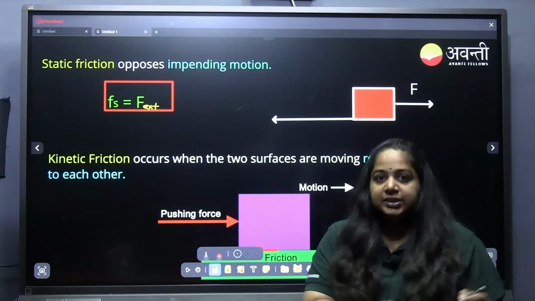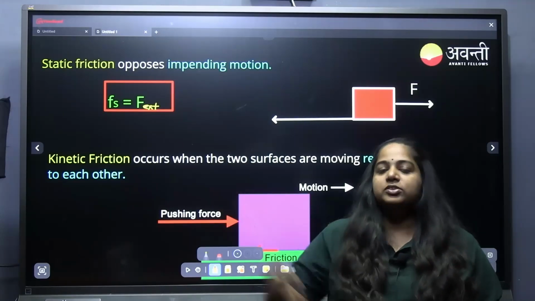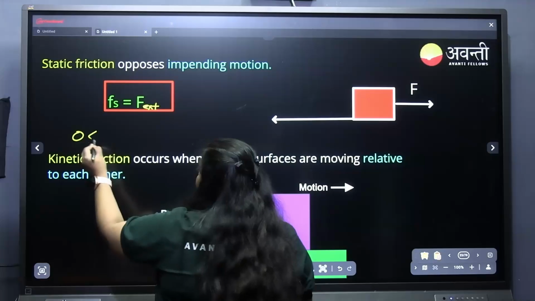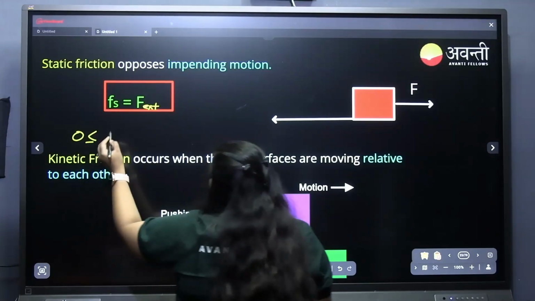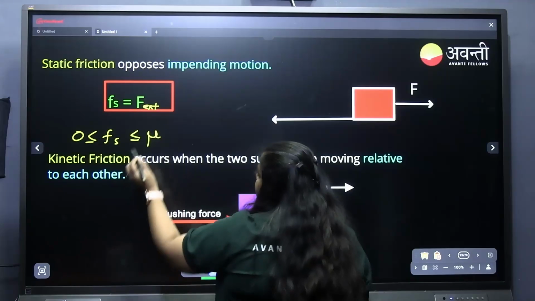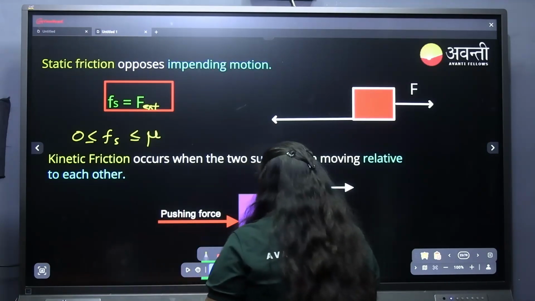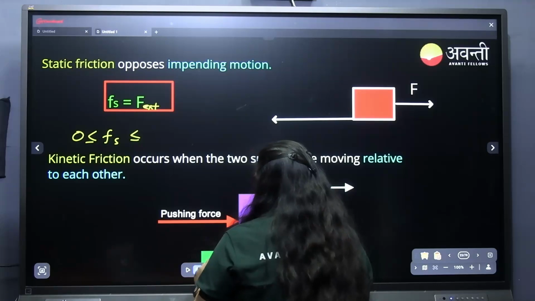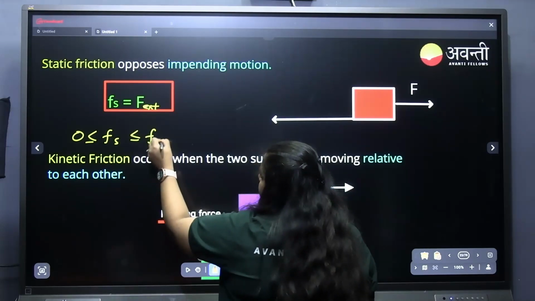Like that, from 0 till a maximum value, static friction will increase. So static friction can have a value from 0 to a maximum value, F max.